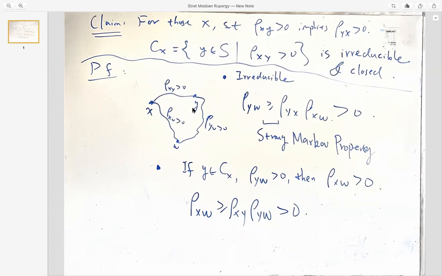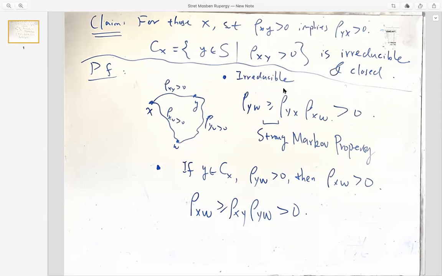So rho y omega is bigger than 0. This is very easy to see, because rho y omega is bigger than rho yx times rho x omega. This is a homework problem. It can be proved by the strong Markov property.